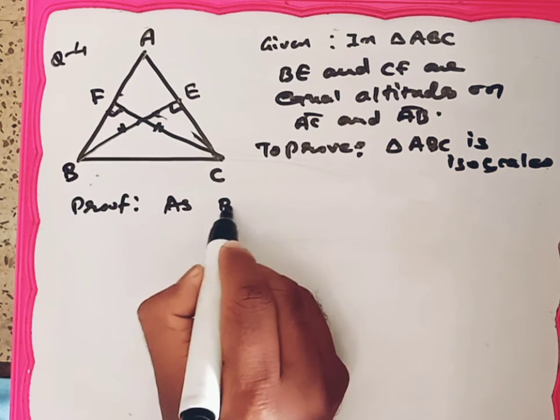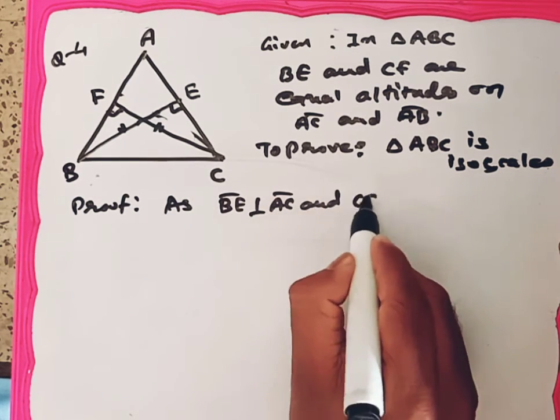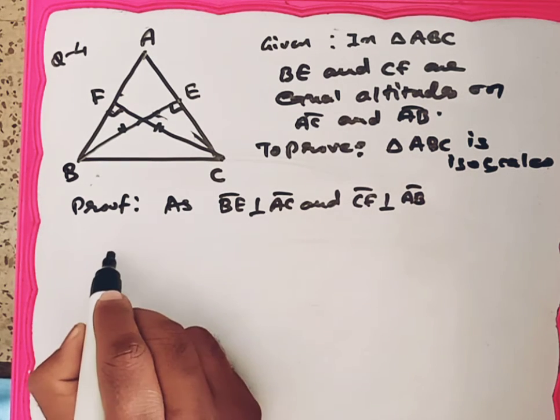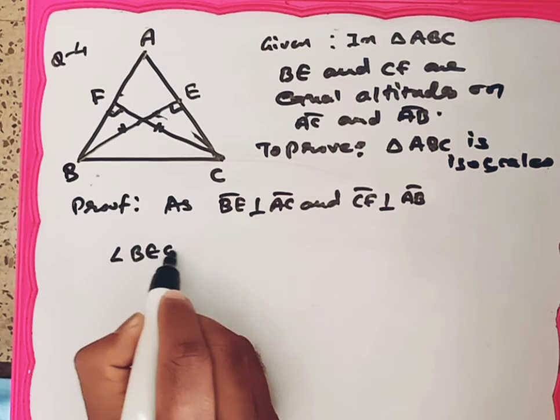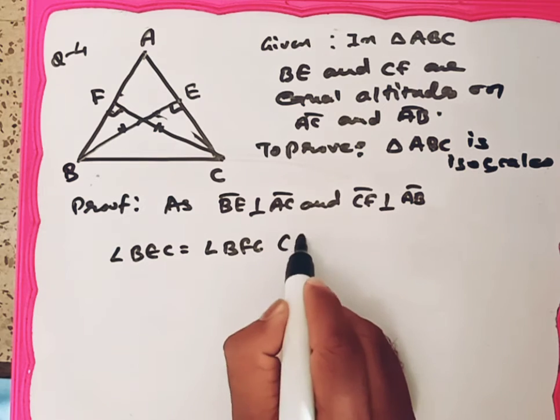So proof: as BE is perpendicular to AC and CF is perpendicular to AB, angle BEC equals angle BFC, right angle.